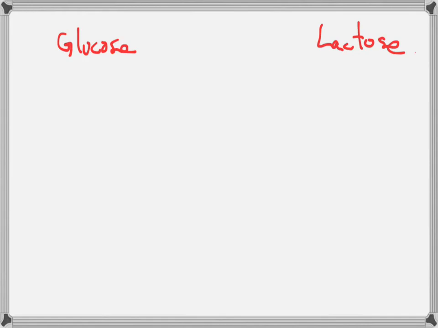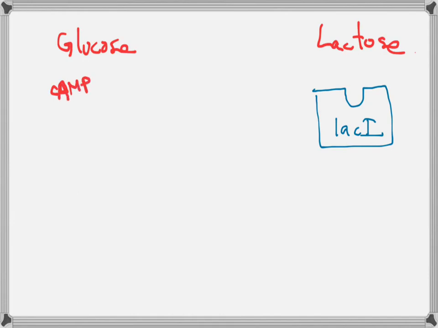So lactose will control the lac-I protein. Glucose controls what? Indirectly. Glucose controls cyclic AMP levels, which regulates what? In other words, what does cyclic AMP bind? Good. It binds CAP, and then allows for it to bind to the DNA.